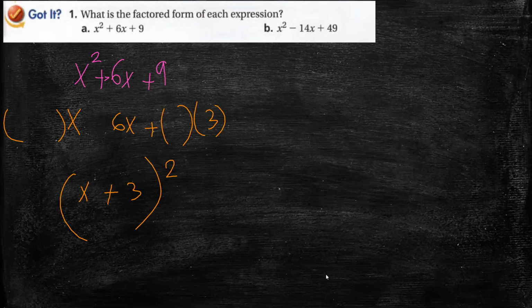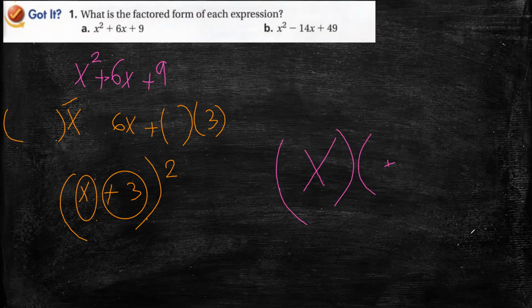After I do this second step, I will ask myself, if I take this x and this plus 3, and if I multiply them by 2, did I get 6x?